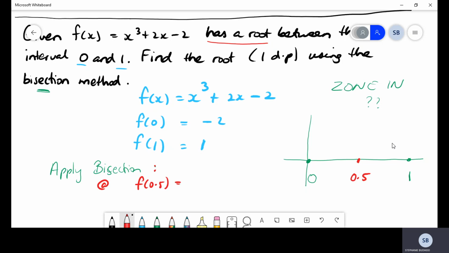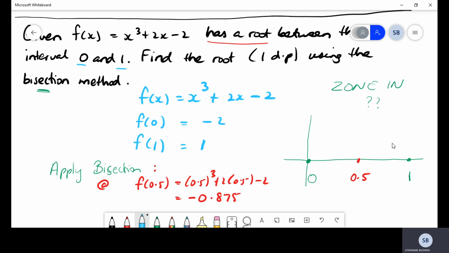Now, a simple substitution will give us this. And that value, when you use your calculator correctly, works out to be 0.875. So let's take note of the signs that we got when we substituted our interval values into our function.